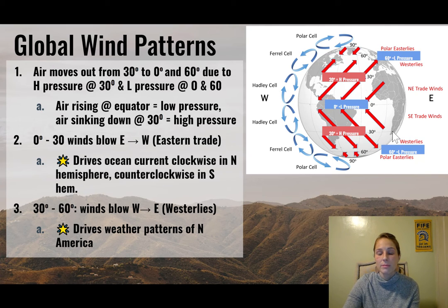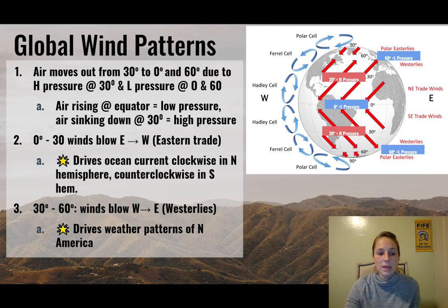Now, if we're coming from down to up, the southern hemisphere, we've still got this Hadley cell, so we're moving from 30 to 0. It's just going to give us a counterclockwise motion in the southern hemisphere. And this is why hurricanes in the northern hemisphere move clockwise, and hurricanes in the southern hemisphere are going to move the opposite way.